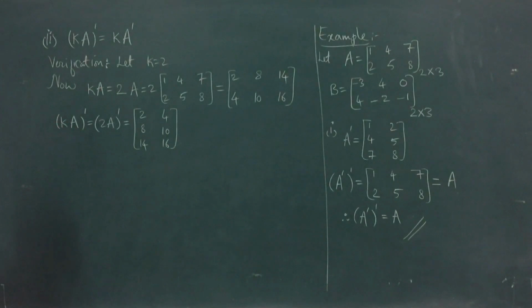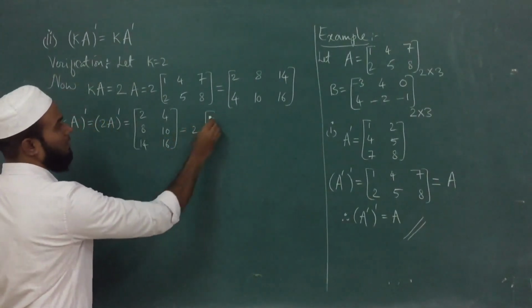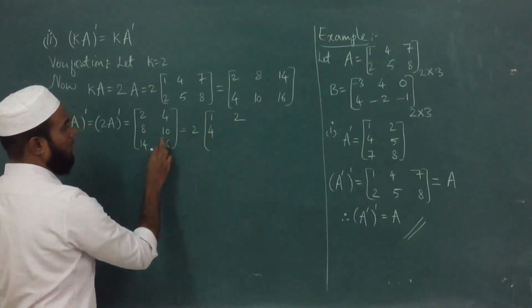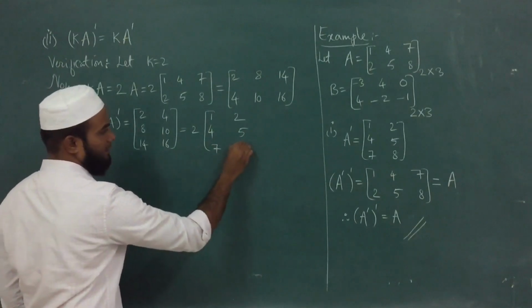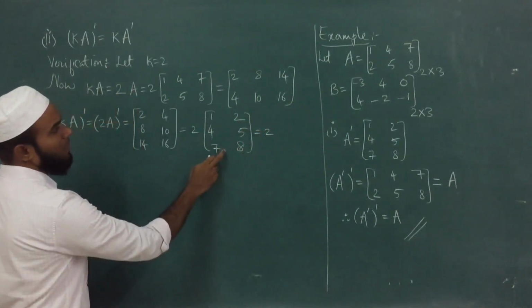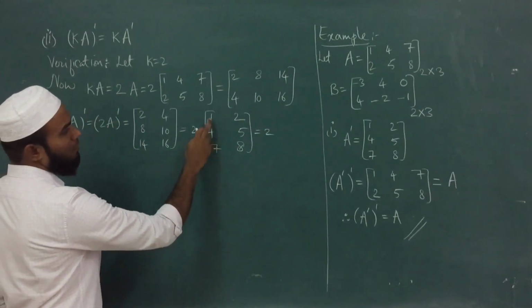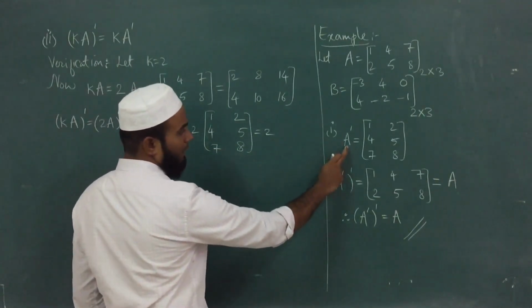Now what can we do here? You see that we can take 2 outside of this matrix. So 2 can be taken out. Then what will remain here? 1, 2, 4, 5, 7, 8, which is equal to 2 into this matrix. What is this matrix? This matrix is nothing but A transpose.